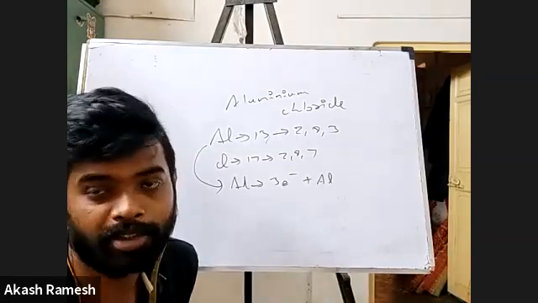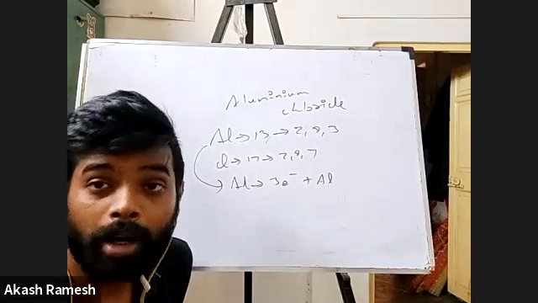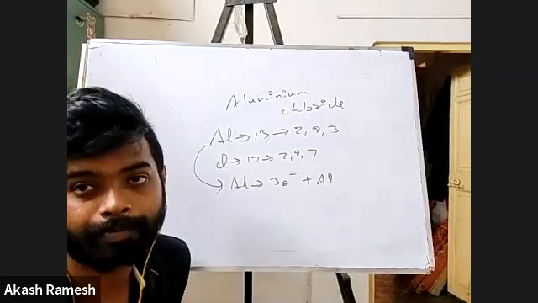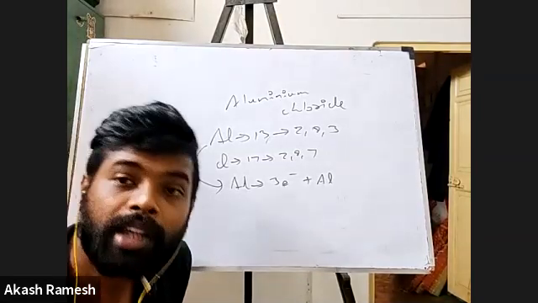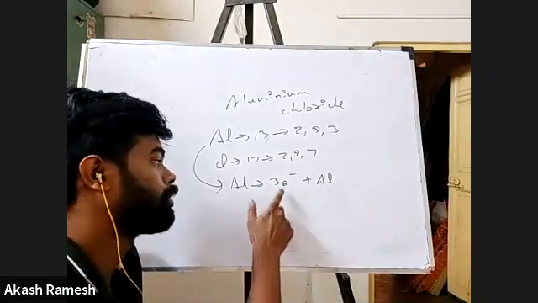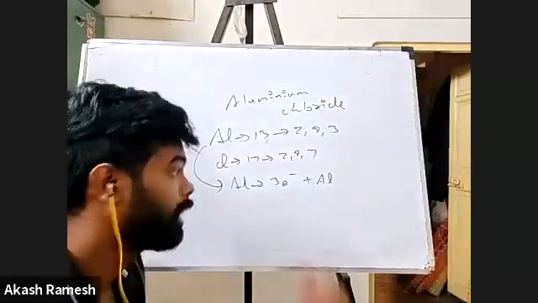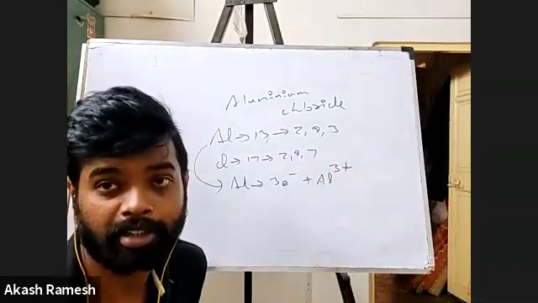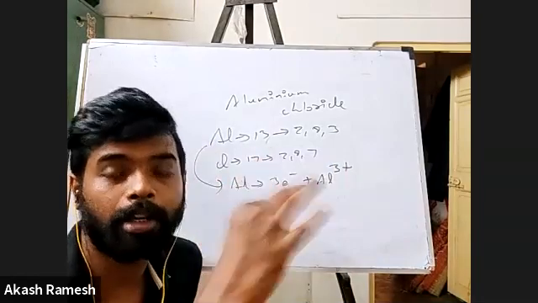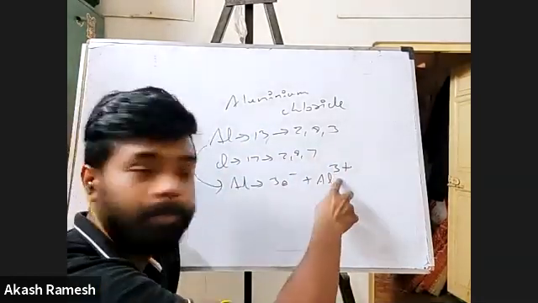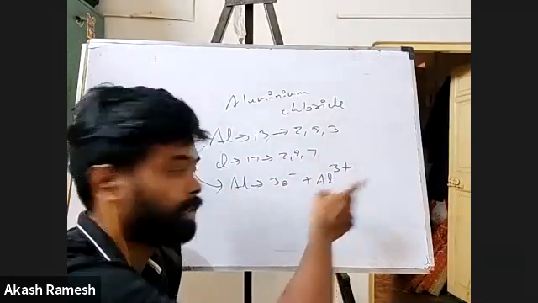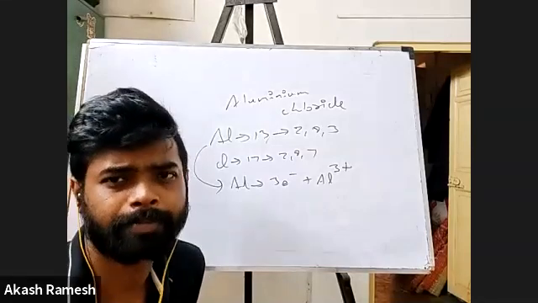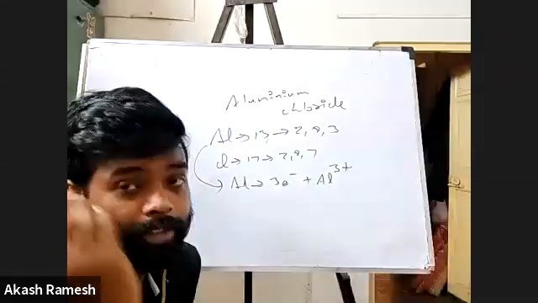Cations are positively charged. Anions are negatively charged. Cations are formed by losing electrons, and in the same way for anions, I have to gain electrons. In this case, aluminium is losing 3 electrons, so aluminium will form Al3 plus. I told you how to write the charges: the number 3 is the valency, and plus represents that aluminium has lost electrons. I hope this is clear. How is it Al3 plus?